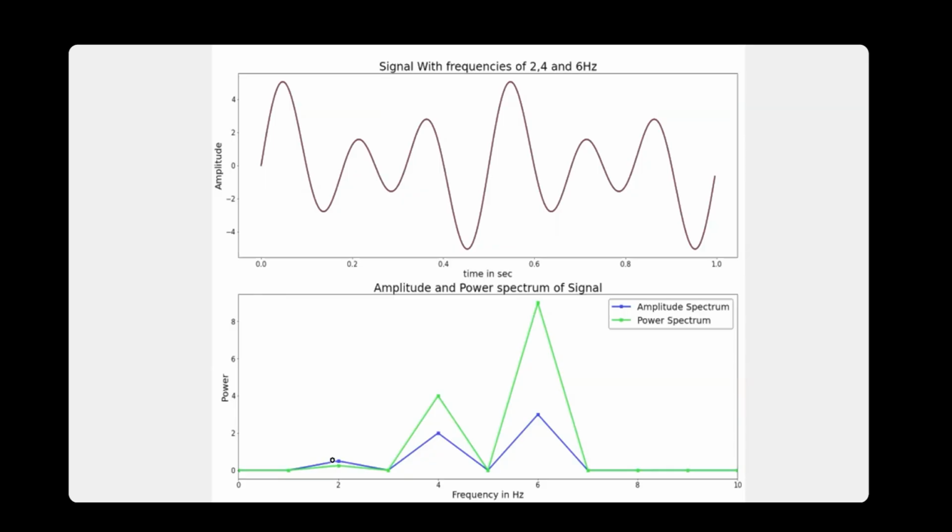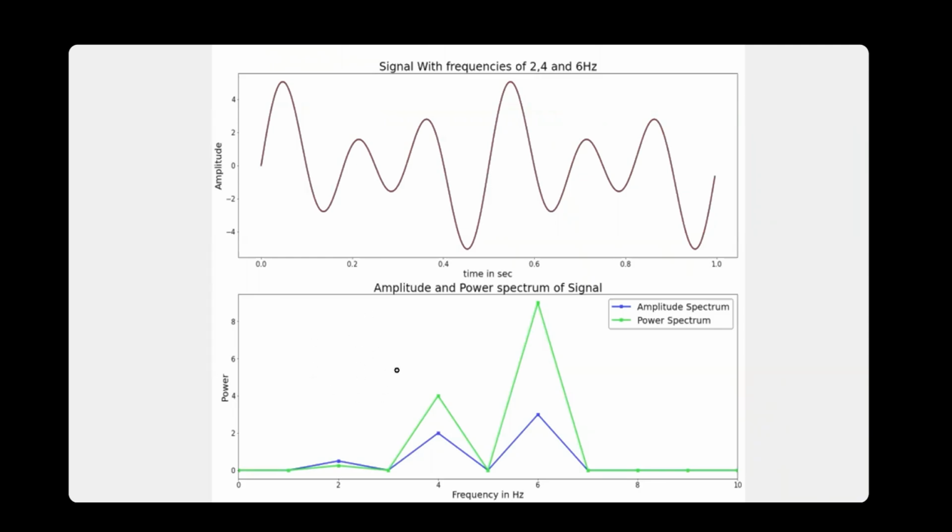It is highlighting the strongest, most prominent feature in the signal, and it is suppressing the less dominant features. If you see here, the amplitude spectrum value is higher than the power spectrum value for the smaller component, because the amplitude was 0.5, and when we take the square of 0.5, we get 0.25.